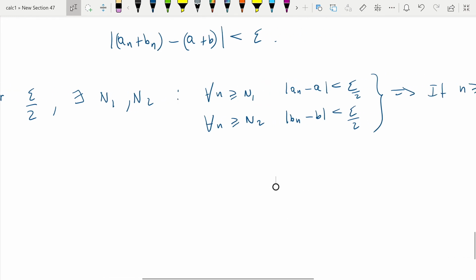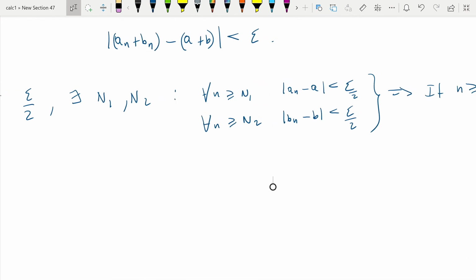So the N beyond which a_n is sufficiently close to a, within an epsilon over 2 neighborhood, is N1, and the value of N beyond which all the elements of the second sequence are within an epsilon over 2 neighborhood of b is N2.